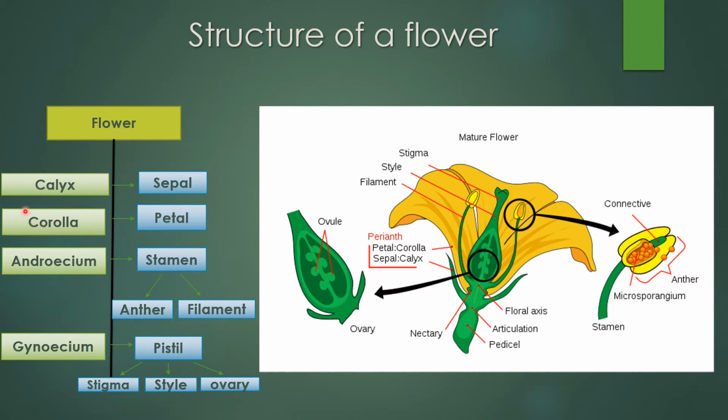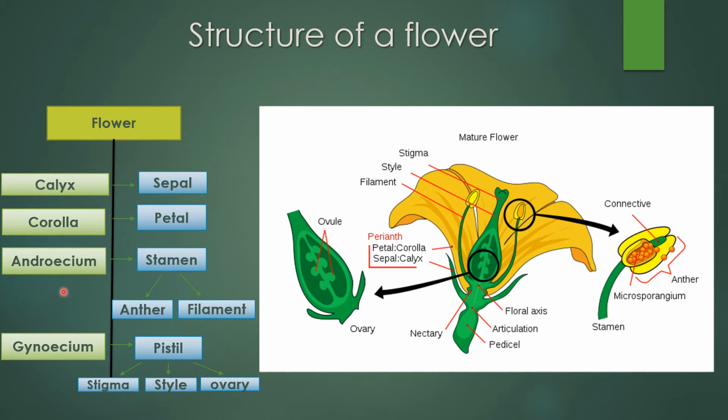Now it's very colorful in most flowers, and the unit of it is known as the petal. So here these yellowish colors are the petals, and they are important for attracting the pollinators, and they help in the reproduction of the plants.